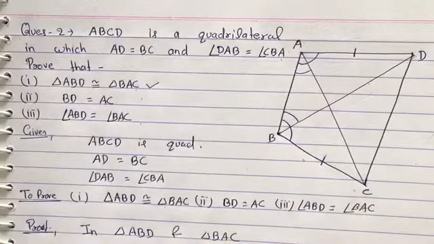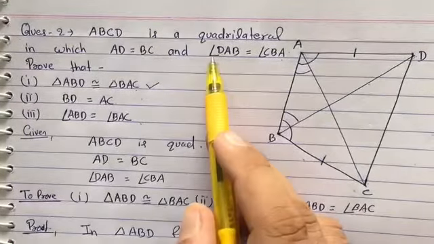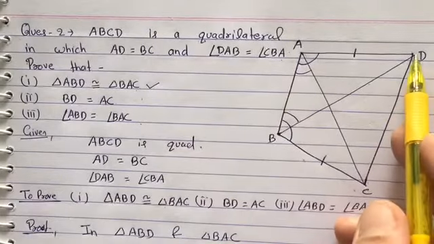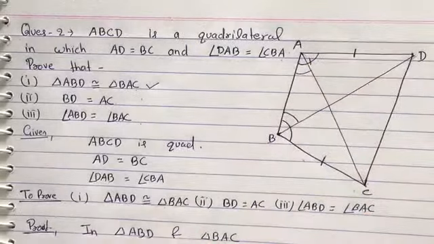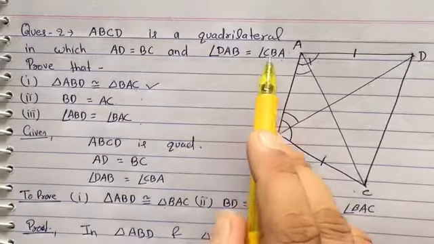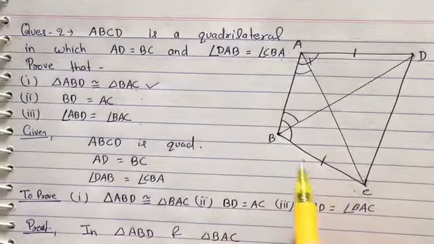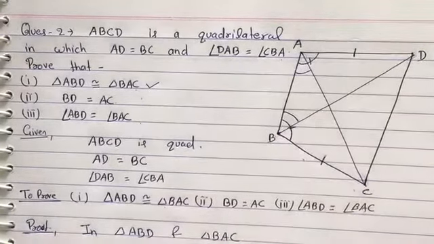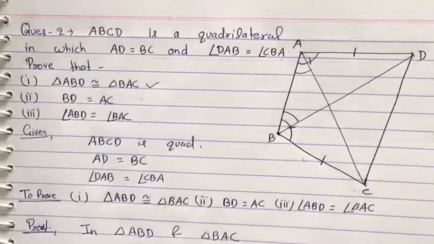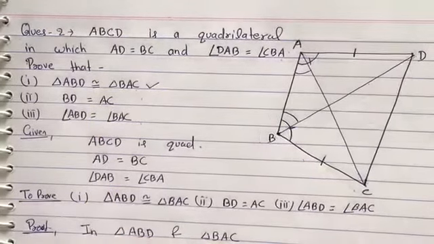First thing. And second thing, angle DAB. Angle DAB means this angle is equal to angle CBA, this angle. These angles are equal. Then we have to prove all these things.